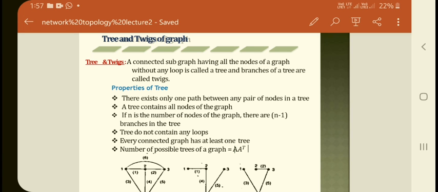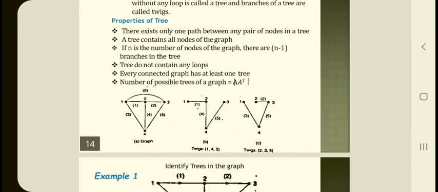Now the tree has some properties. There exists only one path between any pair of nodes in a tree. Here, figure A indicates the graph, figure B indicates a tree, and figure C is also a tree.